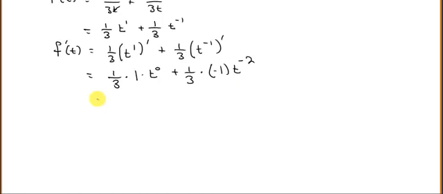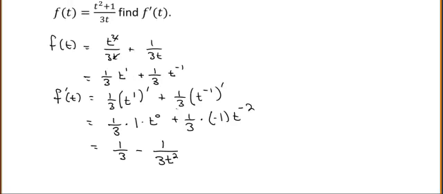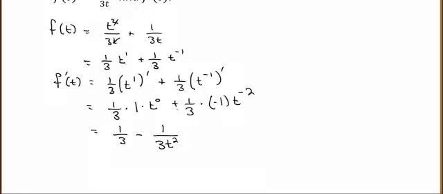So this would become simply 1/3, t to the 0 is 1, and then we'd have minus 1 over 3, putting the t to the negative 2 in the denominator to get a positive exponent, negative 1 over 3t squared. This would be the derivative of our function t squared plus 1 over 3t.